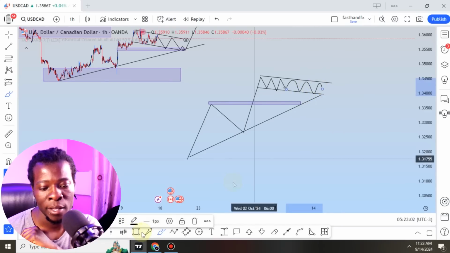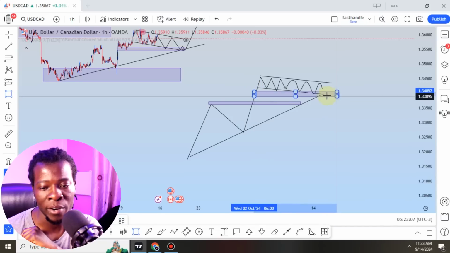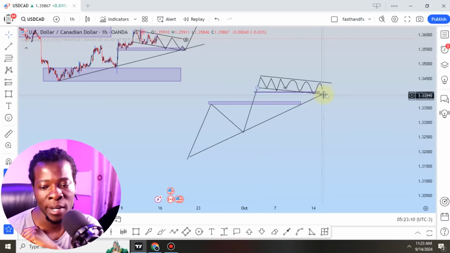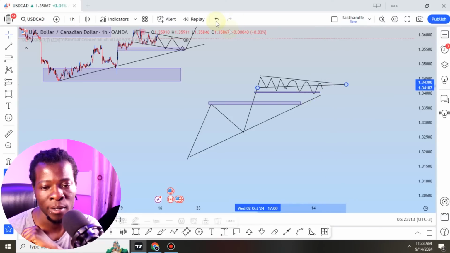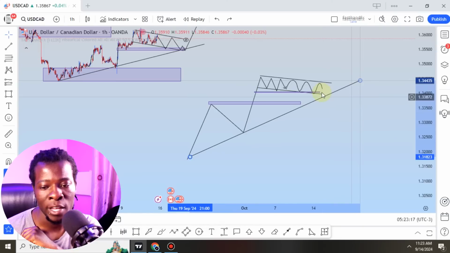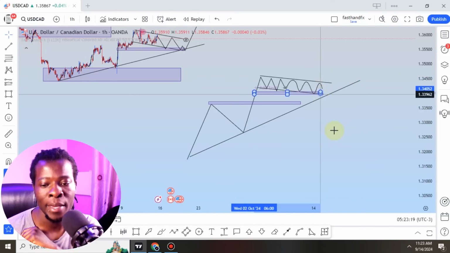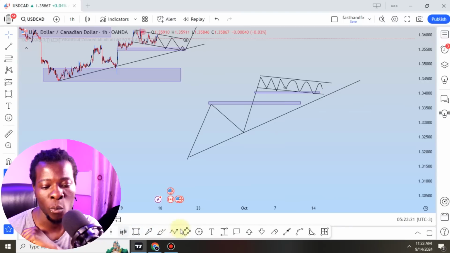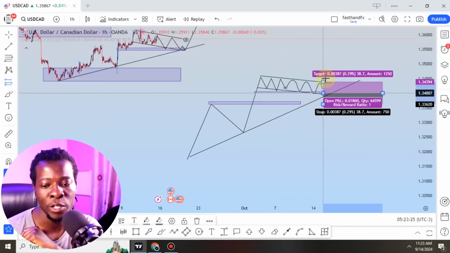Remember, probably as it does that, there's also another level price is trying to respect right there. Once we see price touching this trend of ours and also respecting this key level of ours, that's when we look for our confirmation, that is entry confirmation right there.